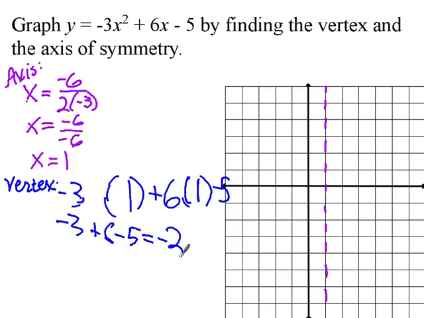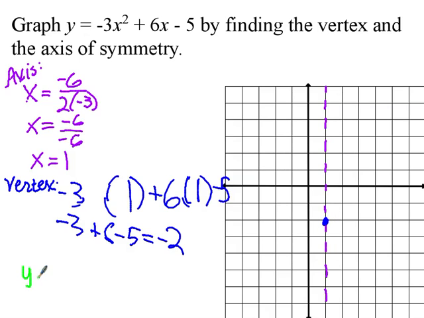Will you go ahead and plot it for me? Good job. So there you go. The vertex is -2 because remember, all we do is we just plug 1 in for x. Next one, I need somebody to find the y-intercept.